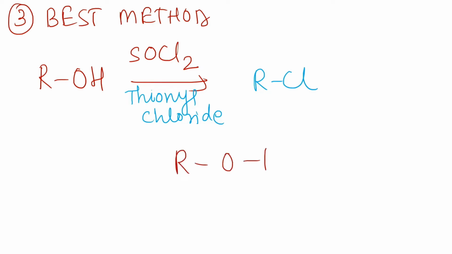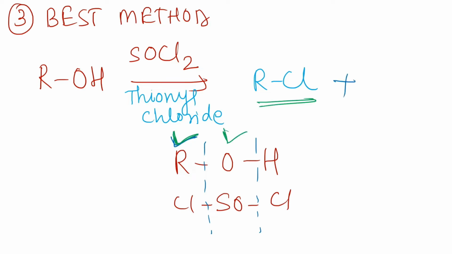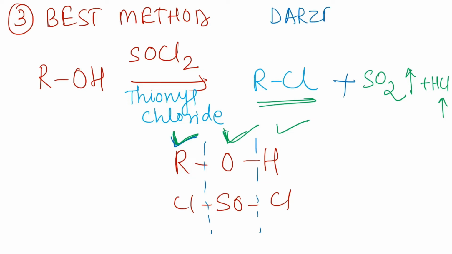For that, let me write it in this way, the alcohol part and then SOCl2. Let me break it in this manner so that I'll remember the byproducts. See what is this? The second part is SO2, which is sulfur dioxide, gaseous. So I'll show the gaseous byproduct by this arrow. And the third byproduct is this HCl. Again, HCl is gaseous, so I can show this arrow. This method is also called Darzens' method. And why is this the best method?